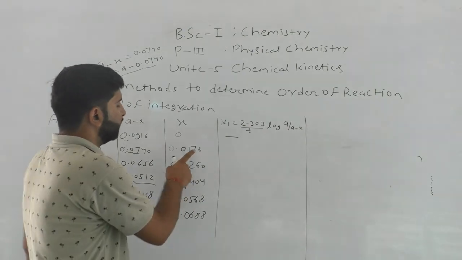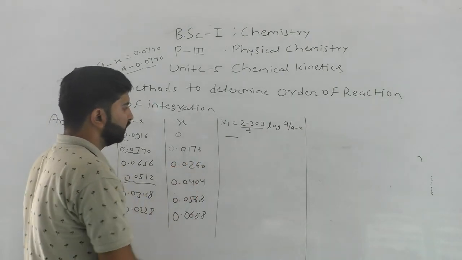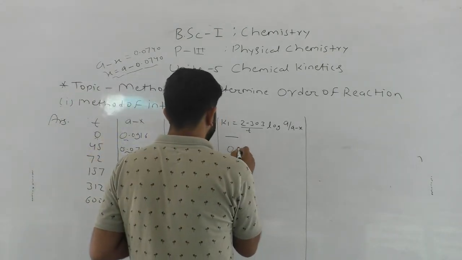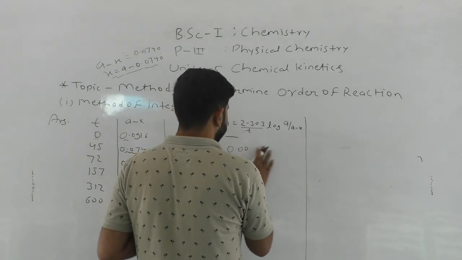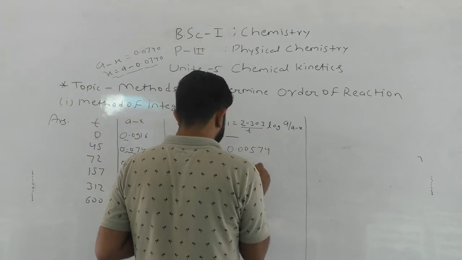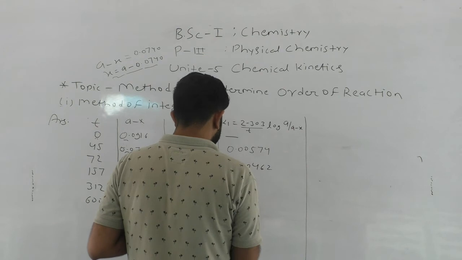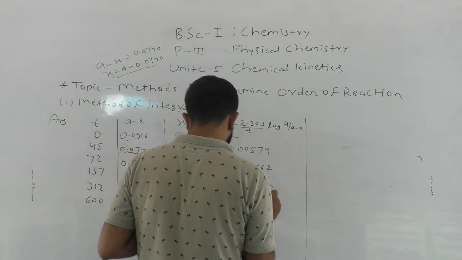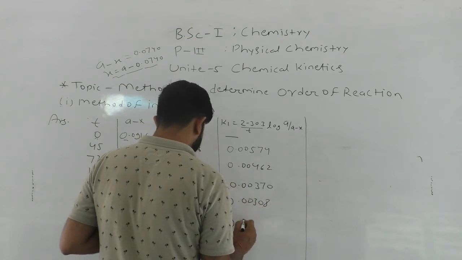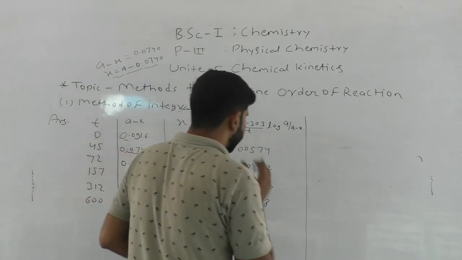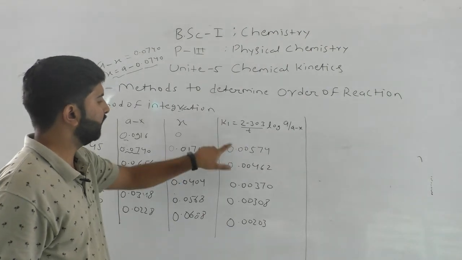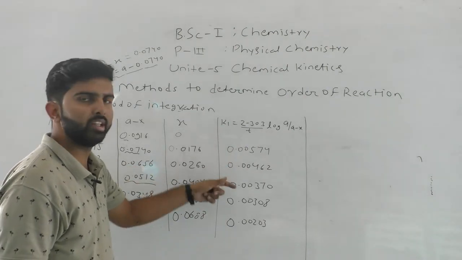Now we calculate the values of K for each of these observations. So these are the values of K for the first order reaction.